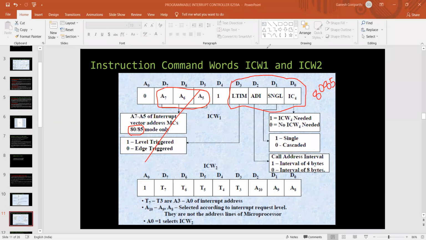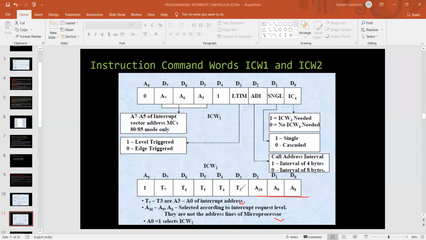Next, let us look into ICW2. See here, ICW2. These are also interrupt addresses. These A8, A9, A10 are nothing but interrupt request levels. These are not the address of the microprocessor, and T7 to T3 are the interrupt addresses.